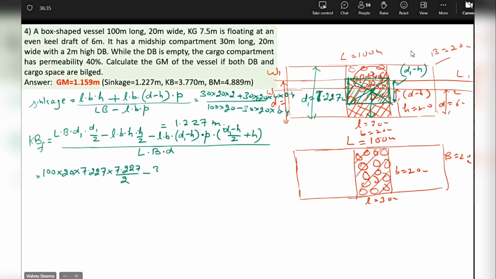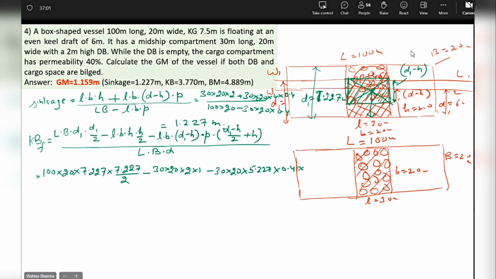Minus 30 into 20 into D1 minus H, which will be 7.227 minus 2, so 5.227, into permeability 0.4 into the sliver.